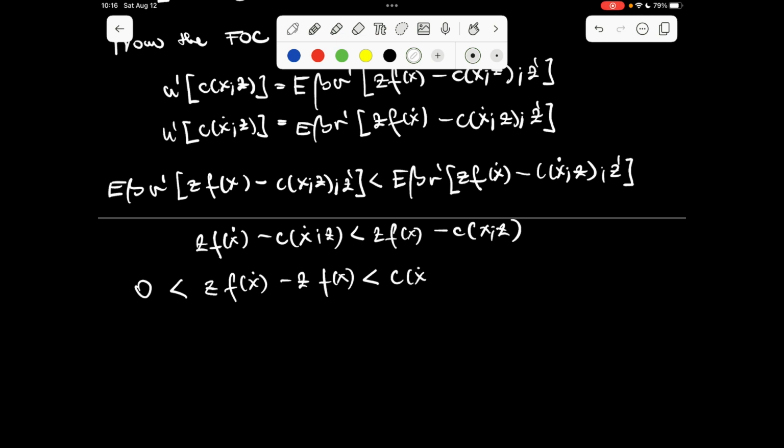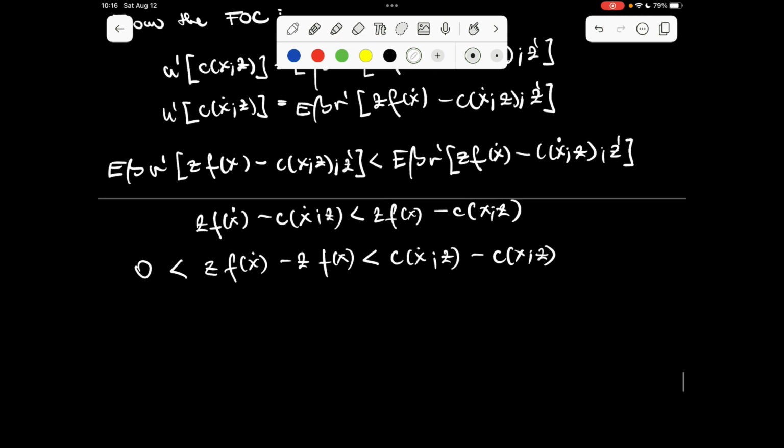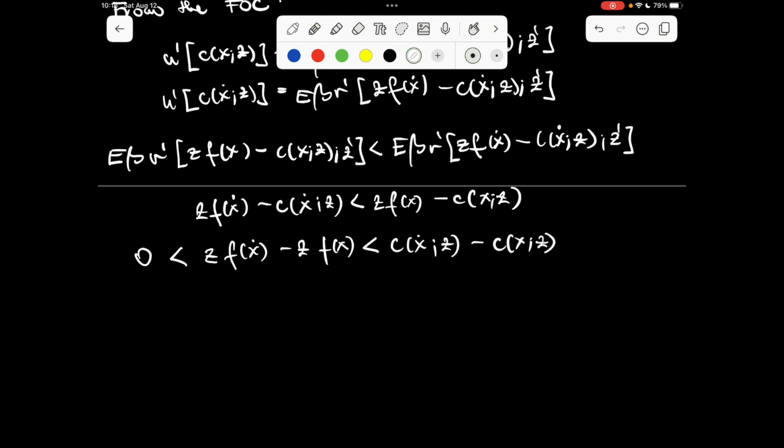So everything is positive here. And with some manipulation, actually no manipulation is needed, we can claim this relation immediately.